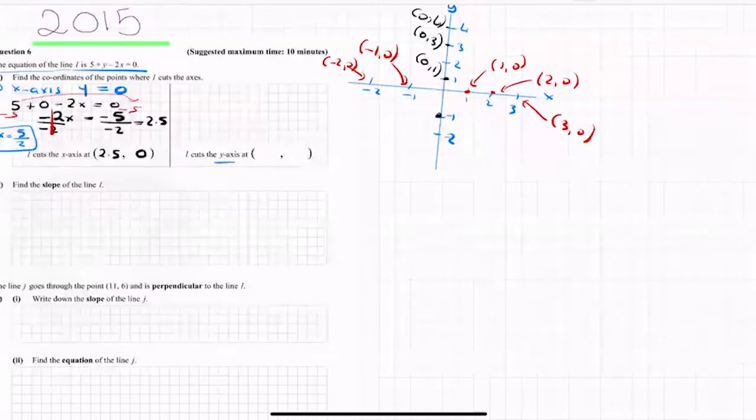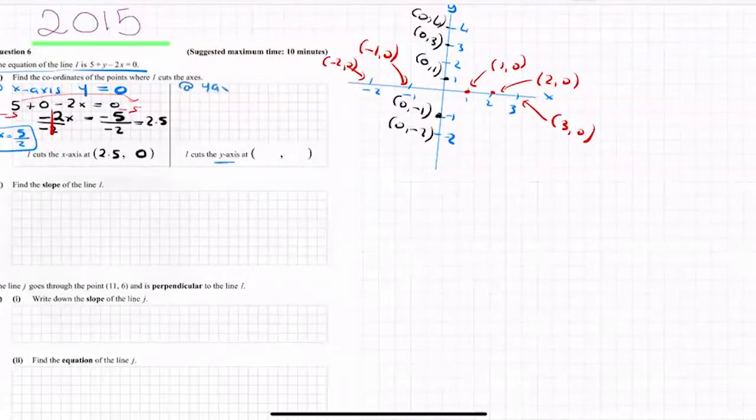This is 0, minus 1, 0, minus 2, and so on and so forth. So therefore at the y-axis, can you see your x coordinate is always 0.